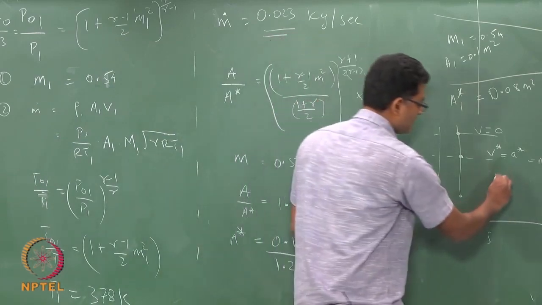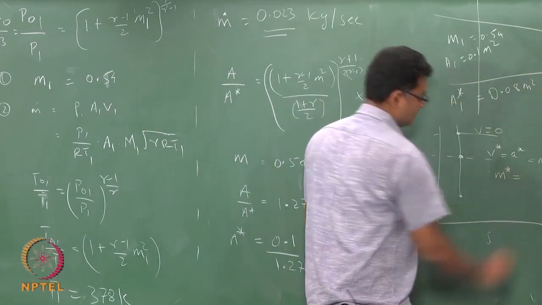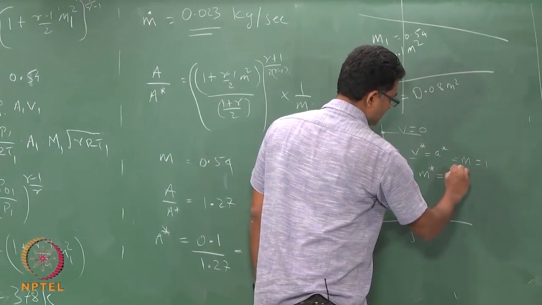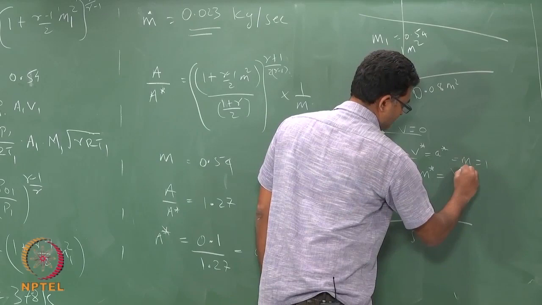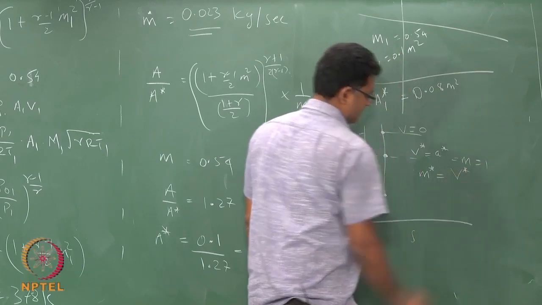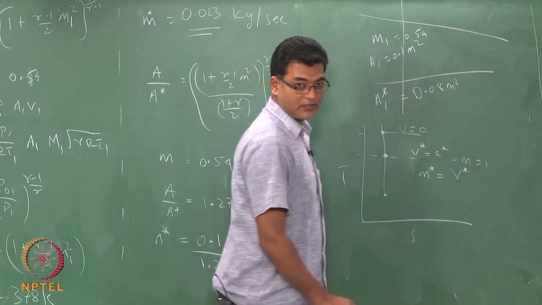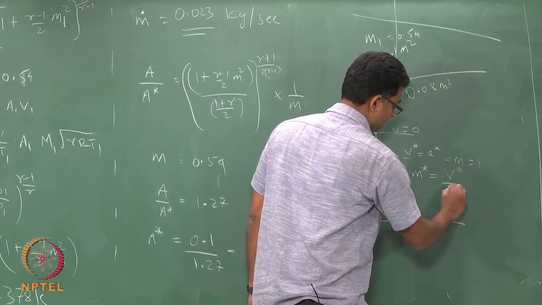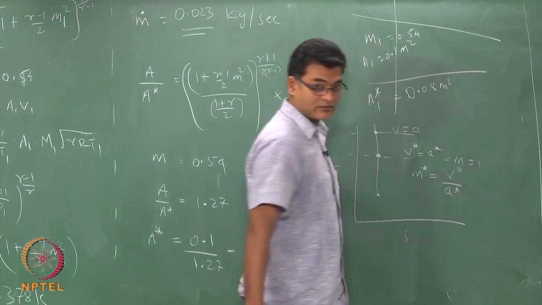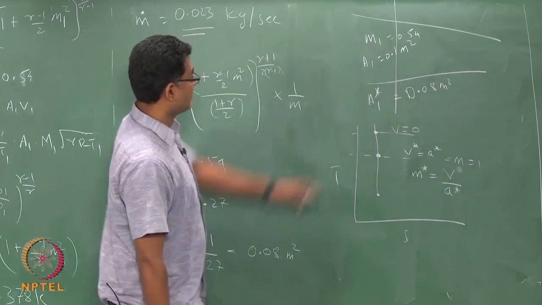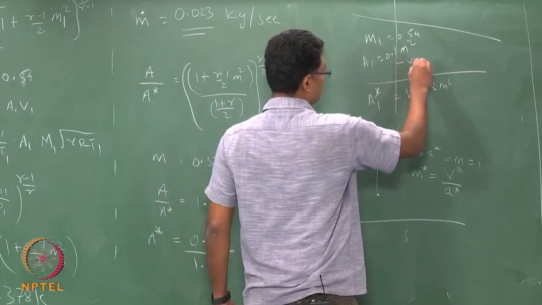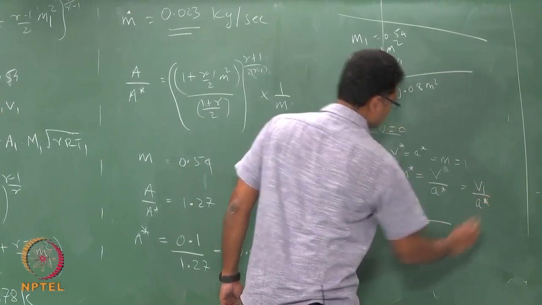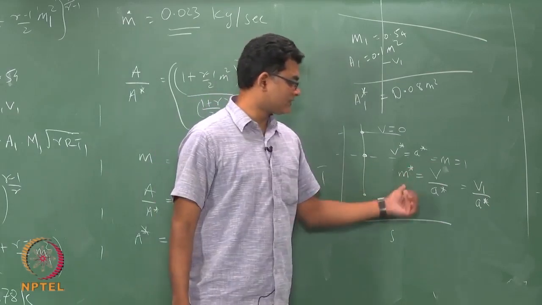So, what is M star? This is velocity by a star. So, if I know the velocity here, I can find my M star, which will not be same as this.